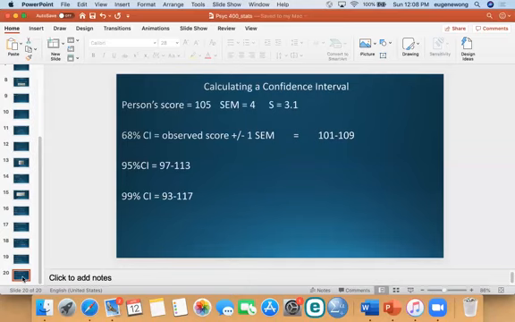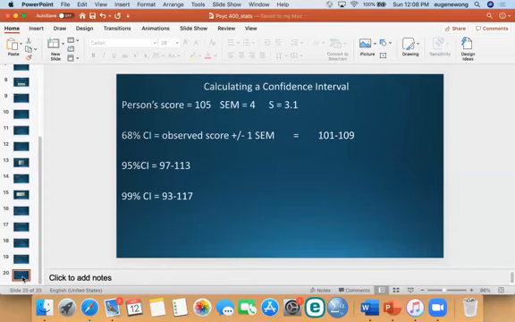I've given you the confidence intervals for 95% and 99%. You go ahead and do those calculations and make sure that you get the same range of scores as I have there.